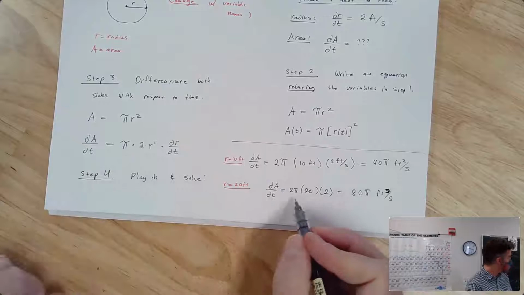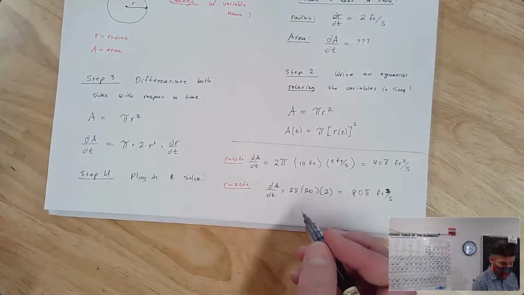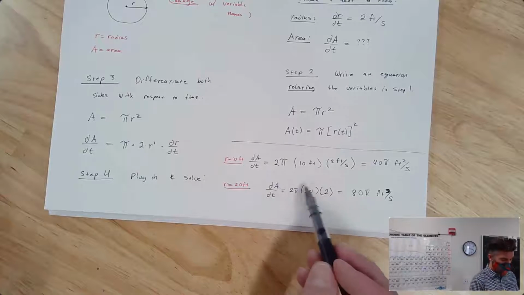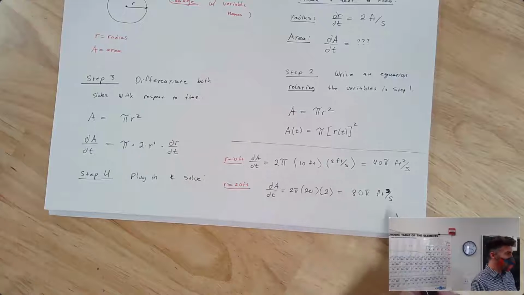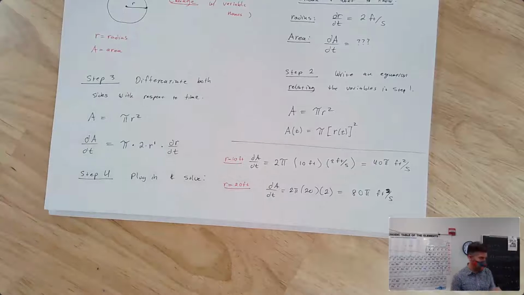Notice I didn't write the units in there because I knew at the end the units were still going to be square feet per second. So you don't have to write, and I usually don't write the units in when I'm actually doing the multiplication. I just wait till the end and write what I know the correct unit is supposed to be. So questions about this?